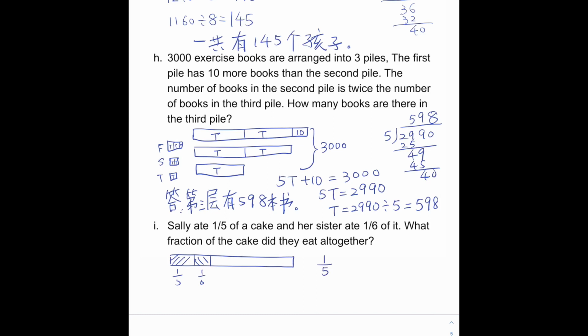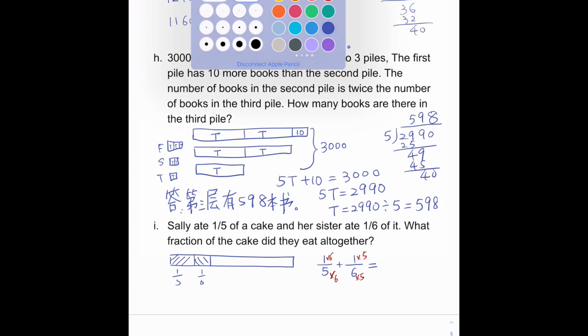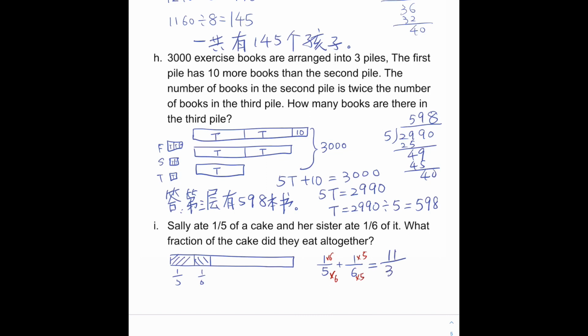So 1/5 plus 1/6 equals, it's a fraction addition, 6 times 5 equals 30. 11/30。他们一共吃了30分之11份蛋糕. That's it.